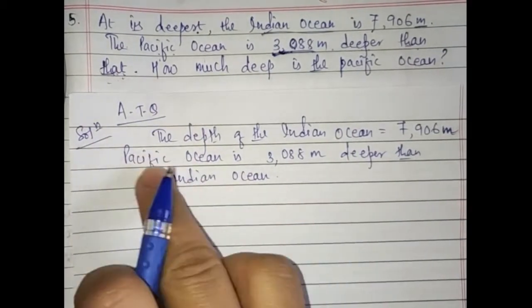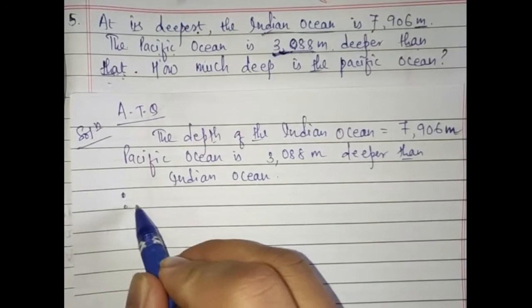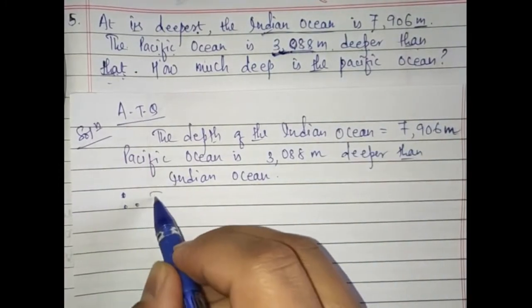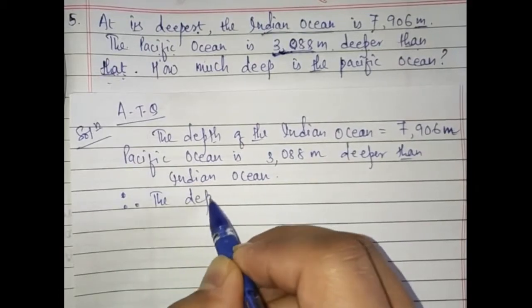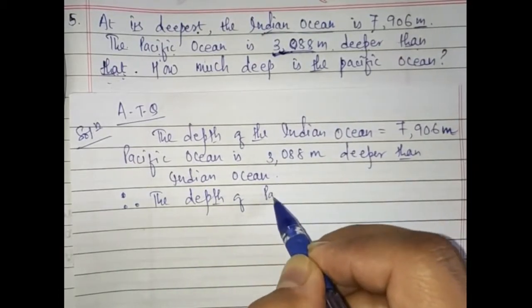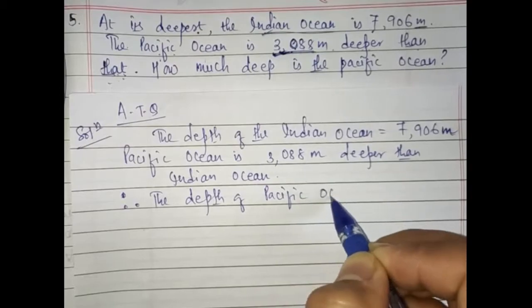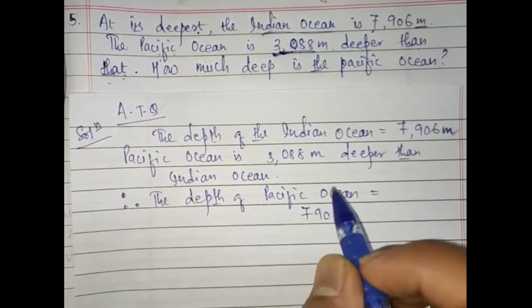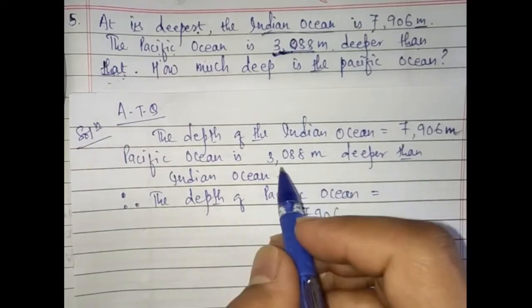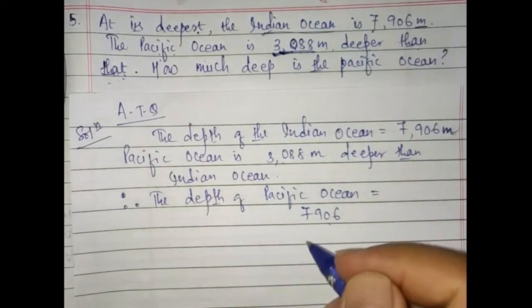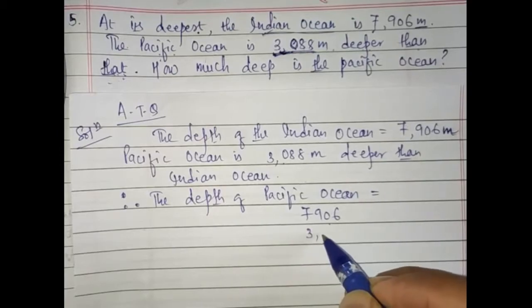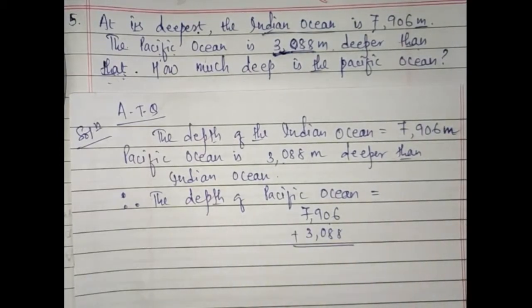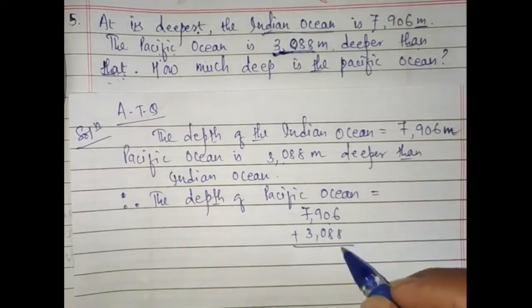We are comparing between these two. Therefore we have to find how deep the Pacific Ocean is. The depth of the Pacific Ocean is 7,906 for the Indian Ocean, then it is this much more deeper, 3,088 more deeper. So we have to do plus here.